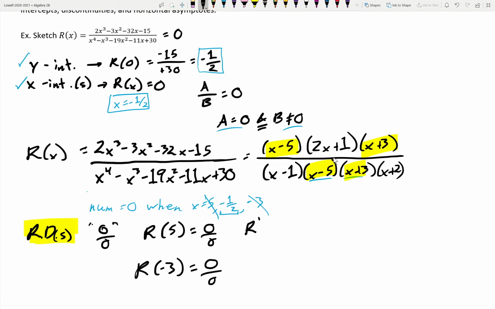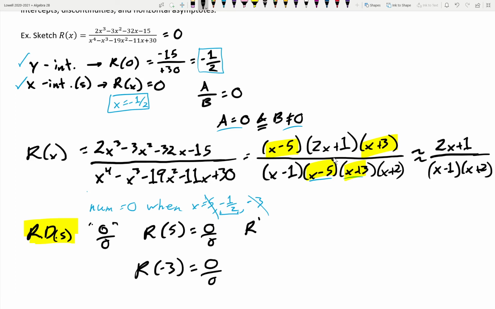This is the simplified version of r, which is 2x plus 1 over (x minus 1)(x plus 2). The reason I'm doing this is to figure out what the function is, quote-unquote, supposed to be when I plug in 5 or negative 3. And these will just show up as holes in the graph.